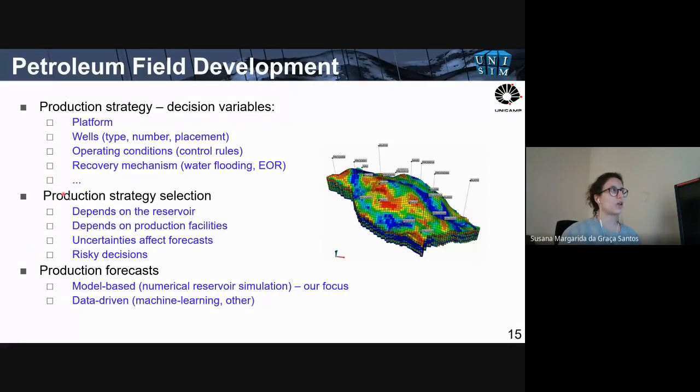We need to understand that all of these variables affect each other. The reservoir is a very complex system that is many times connected or not, depending on whether you have flux boundaries. If you change the position of one well, it will probably affect the performance of other wells. No reservoir will have only one way to develop it.